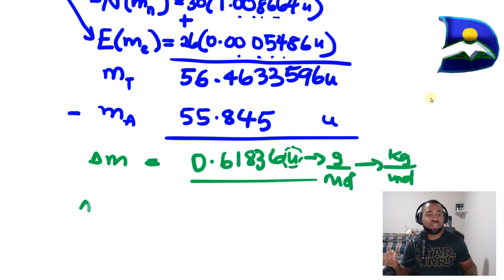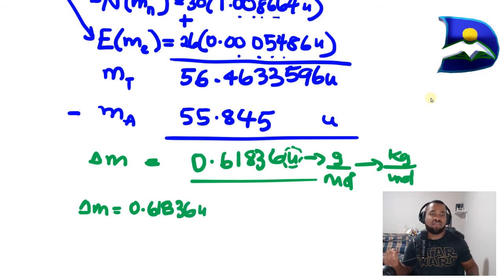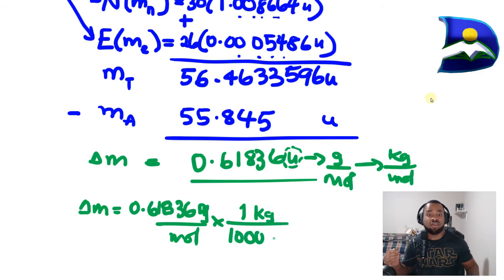So our changing mass is going to be 0.61836 U, well, in this case grams per mole, times, take note, we're multiplying this by 1 kilogram over 1,000 grams.